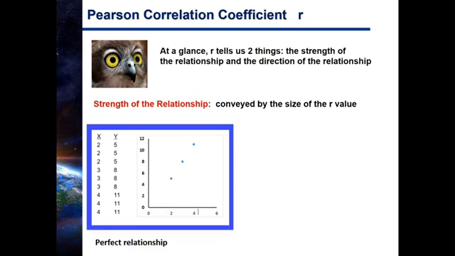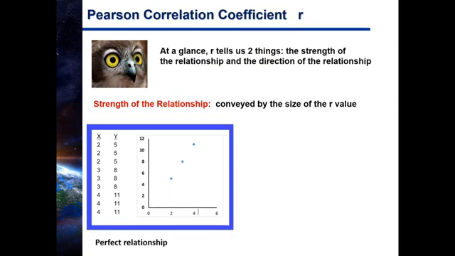As the R value grows in size, as it gets larger, the relationship is getting stronger. But the largest value that R can take is 1 or -1. Either way, it is mathematically impossible to get an R value greater than positive or negative 1 unless you've made a calculation mistake.